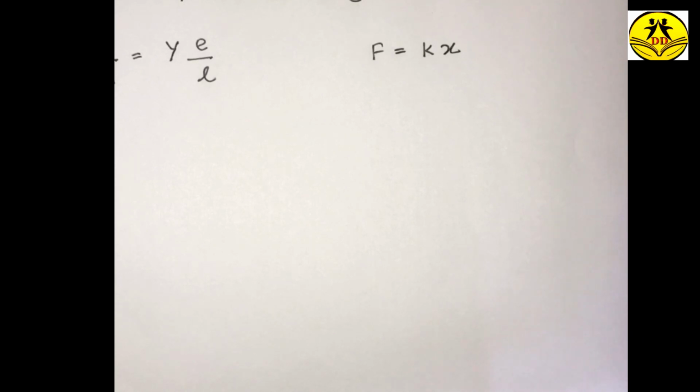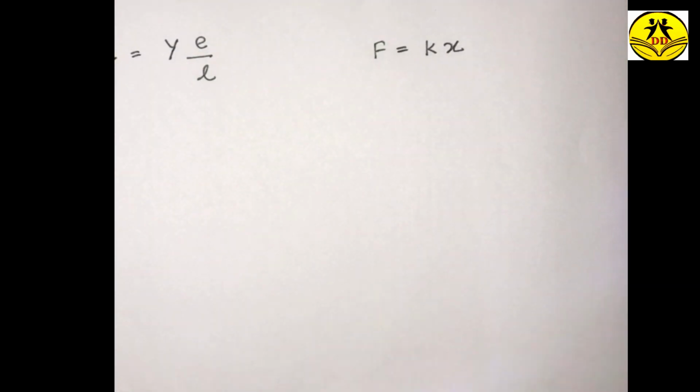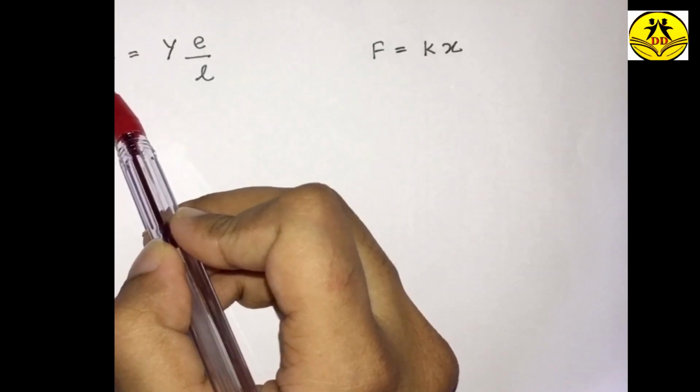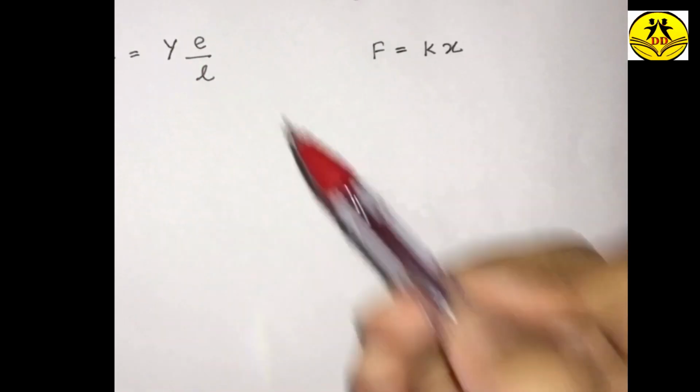The equation with Young's modulus in it is our Hooke's law equation, that is F over A equals Y E over L. Now you know the terms: force, area of cross section, Y Young's modulus, extension, initial length.